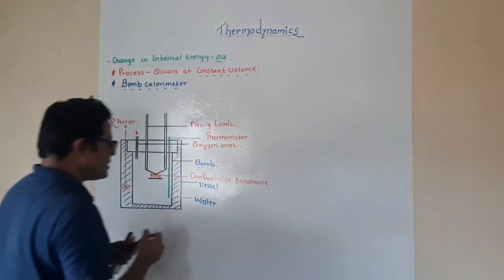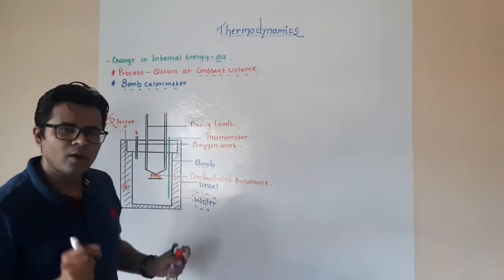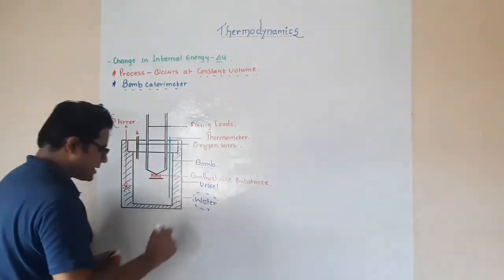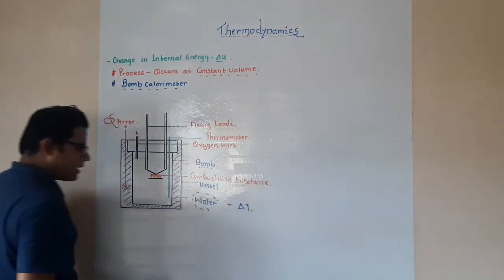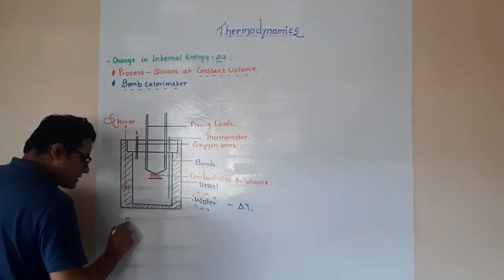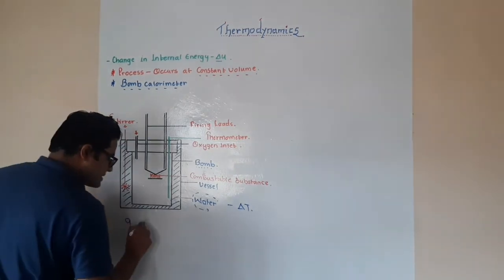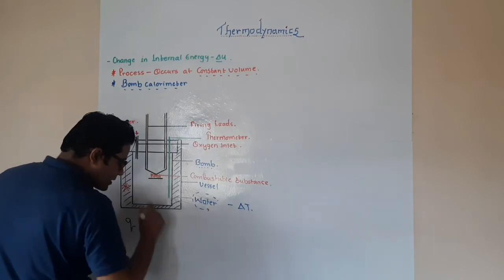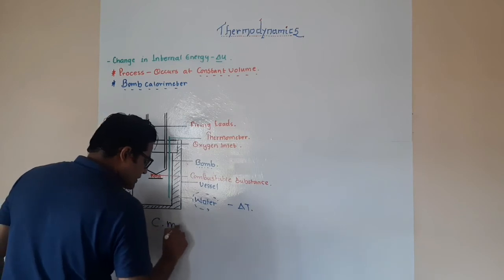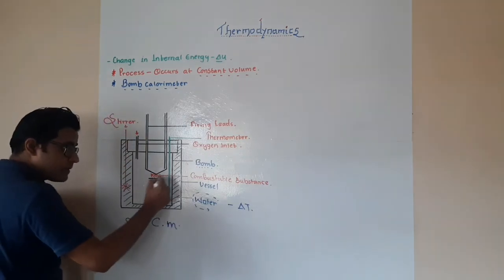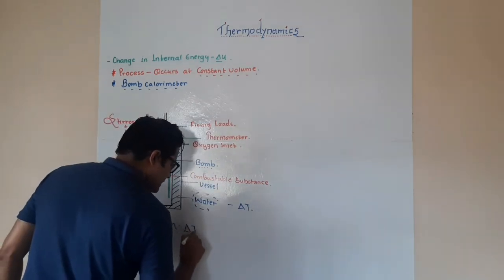First, you understand how much the temperature change is. Let's say the temperature change is delta T. Now we can say that Q, that is the heat, is equal to the heat capacity of this particular system times the mass of this combustible material, M, times delta T.